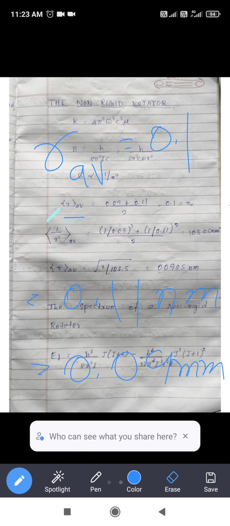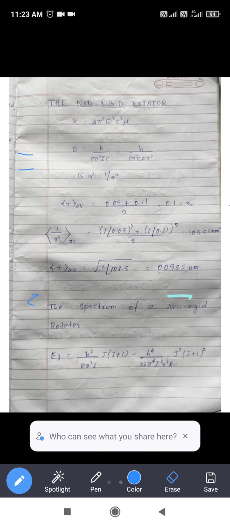So add and divide by 2, we get the average value. Which is equal to, you can see I calculated in this. So here stretched by 0.09 and compressed by 0.09 and stretched by 0.11, we get 0.1.